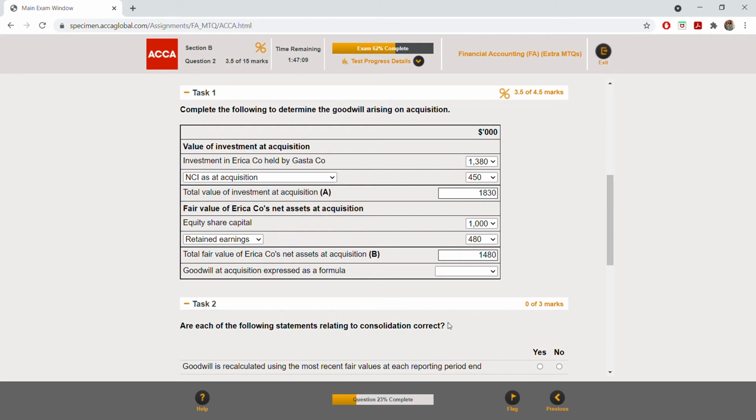So A minus 100% of B. That means A is this, B is this. So 100% of this, that means the full 1480 will be subtracted from this A, 1830. That is the goodwill.